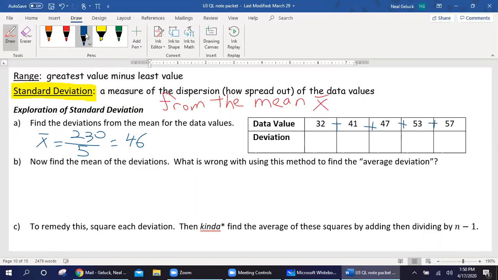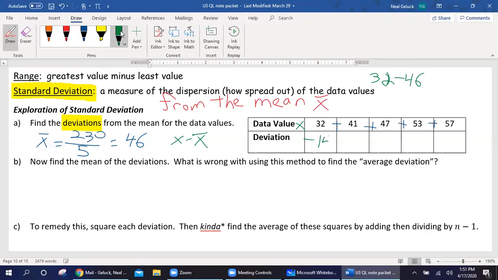Now I want to figure out how much each value deviates from the mean, how far away it is. What I'm going to do is take the data value, which I'll call my X value, and do X minus the mean. So X minus X bar. The first one, and this would just be in your calculator off to the side, would be 32 minus 46.